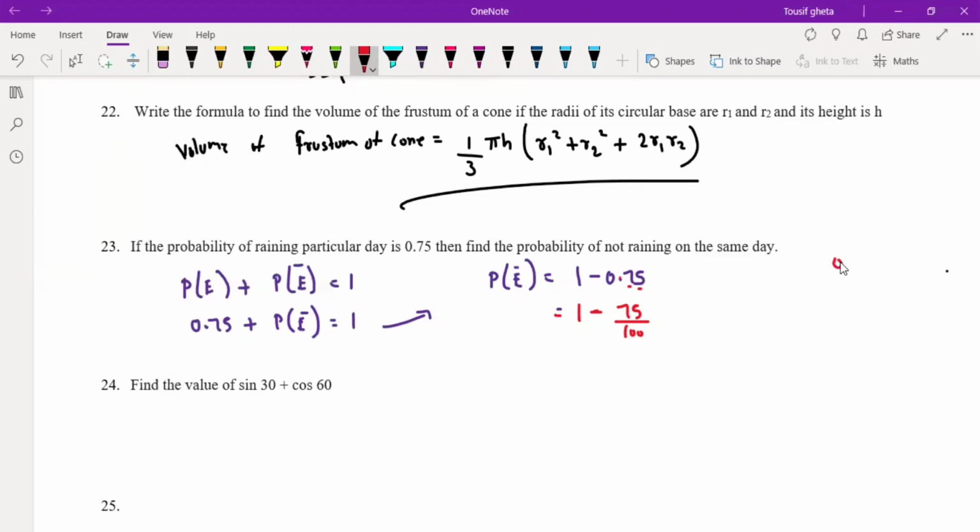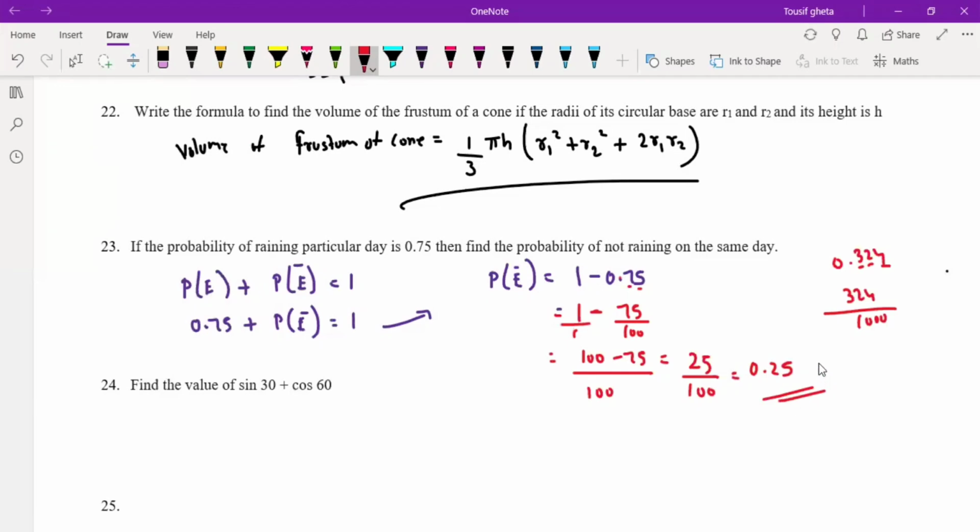If by chance the value was 0.324, then we would write 324 divided by 1000 because after the decimal there are 3 digits, 3 zeros in the sense 1000. Now take the LCM. LCM is going to be 100. For the first one there is nothing that matters, so 1. So 100 minus 75 is 25 by 100. Divided, you're going to get the value 0.25. That is the probability of not raining on a particular day: 0.25.